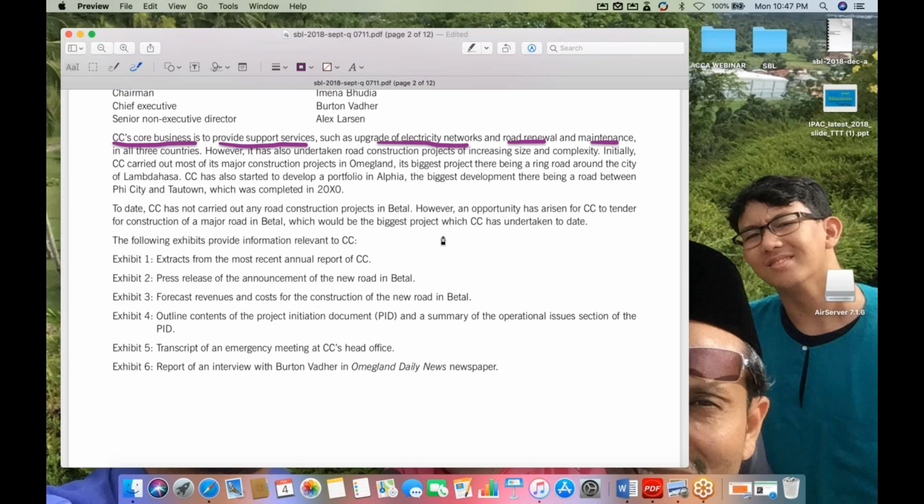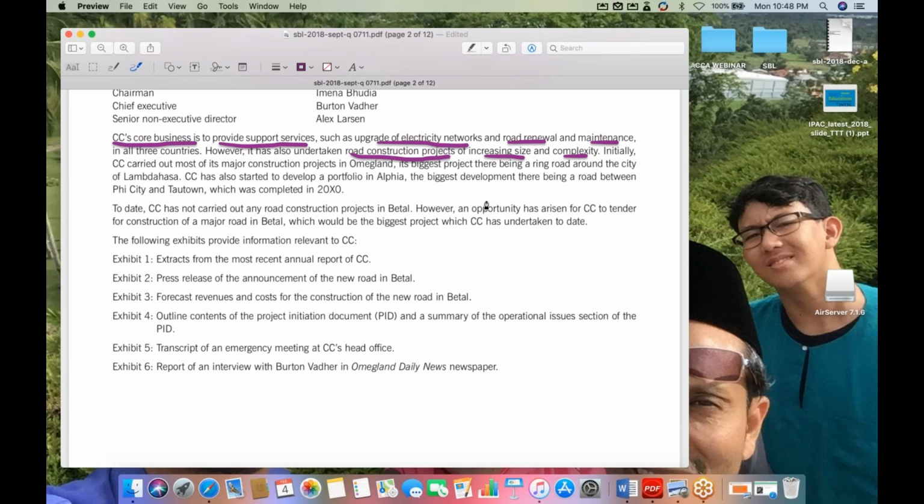And they also mention that it has undertaken road construction projects of increasing size and complexity. On top of telling you what the core business is, they also tell you that they have undertaken road construction projects of increasing size and complexity.